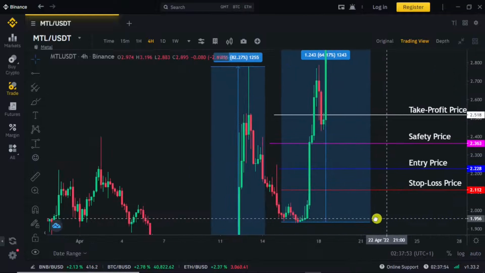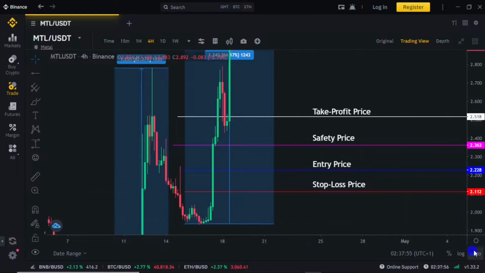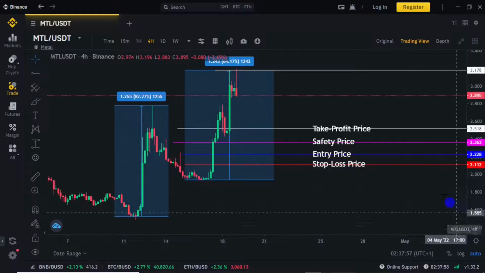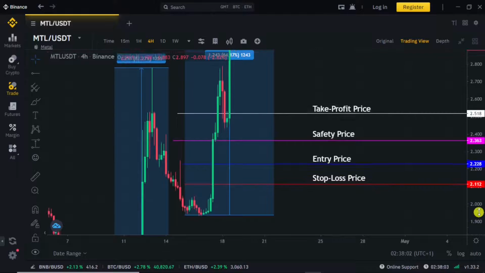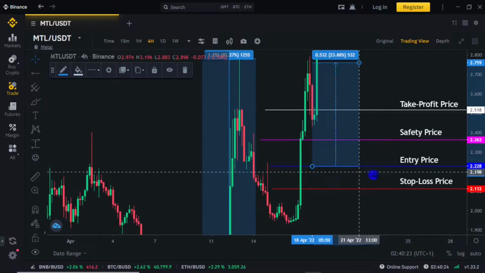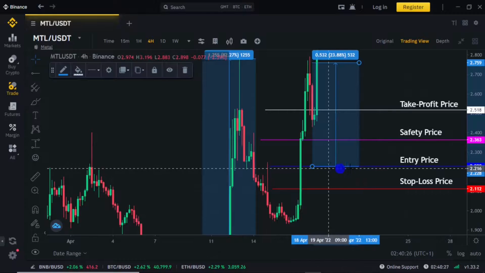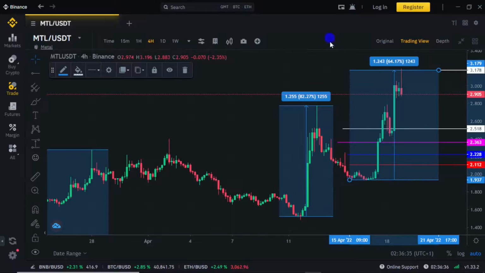Okay, let's check out how much money you can potentially make as profit from this particular trade. Now, place the price range tool on your entry price, which is $2.2283, and drag it up to the highest price of the bullish trend, which is $3.1778.